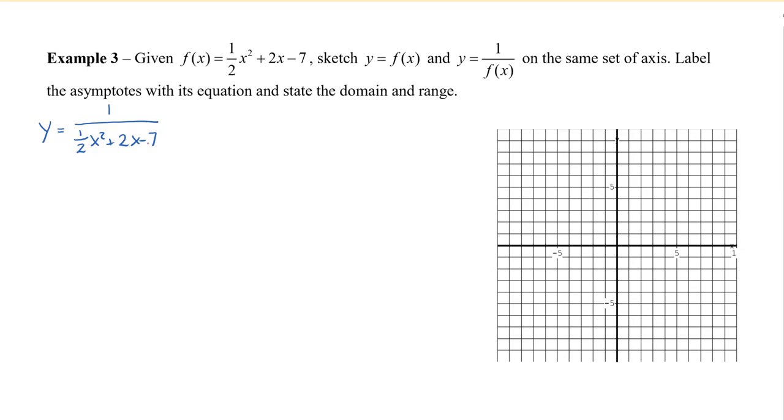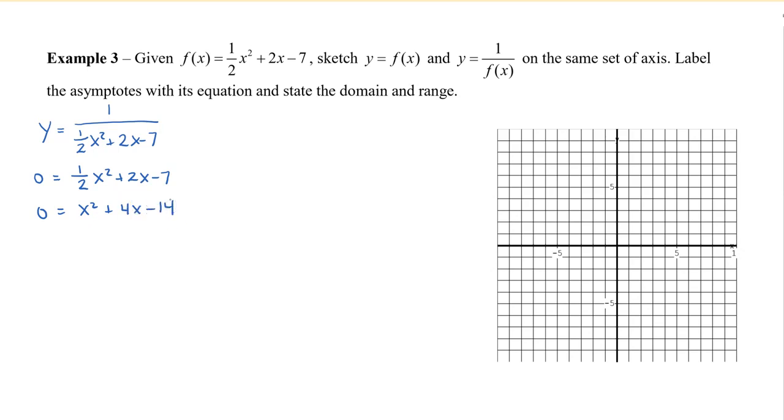So let's find our asymptotes first. So we're going to set the denominator equal to 0. And I don't like that fraction, so I'm going to multiply everything by 2 on both sides. So I get 0 equals x squared plus 4x minus 14.